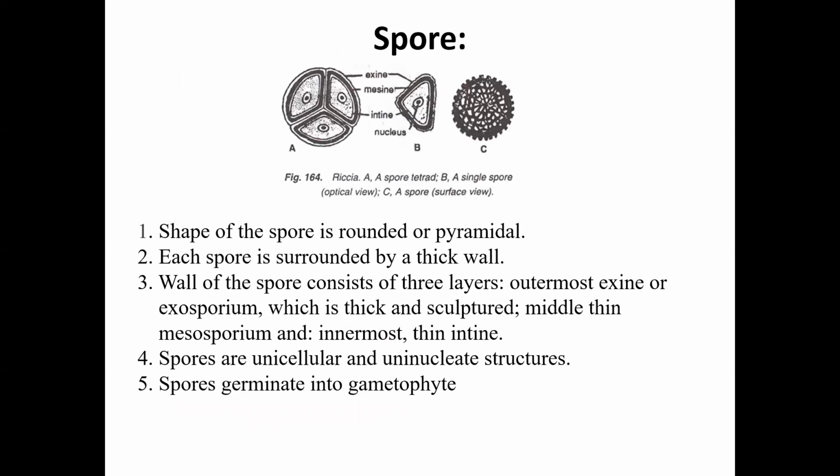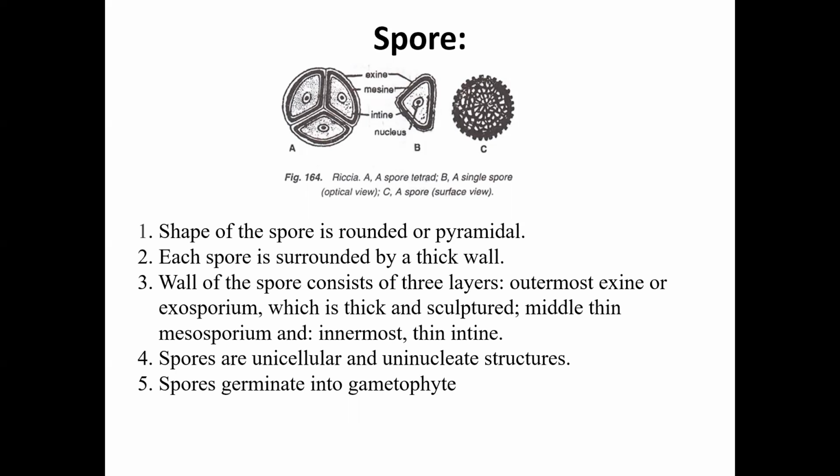Then the spores. The shape of the spore is rounded. Each spore is surrounded by a thick wall. The wall of the spore consists of three layers: outermost exine, which is thick and sculptured; middle thin mesospore; and innermost thin endospore.